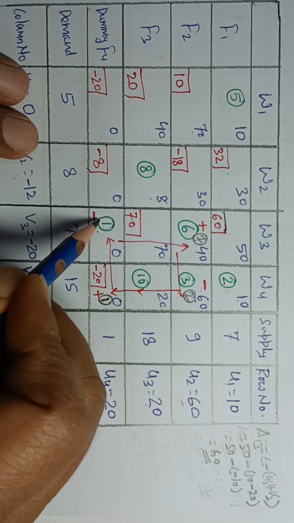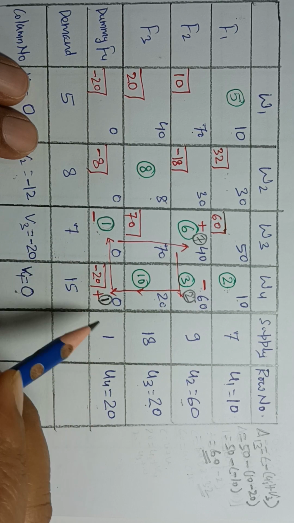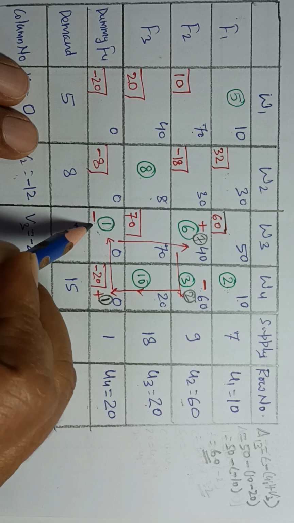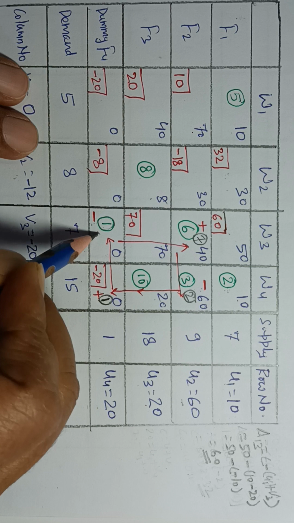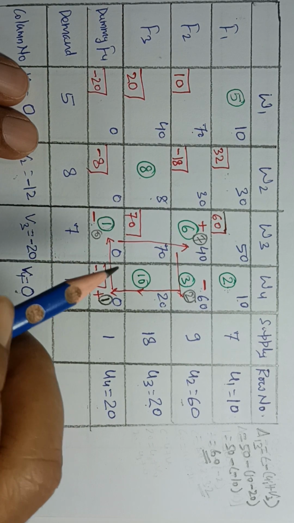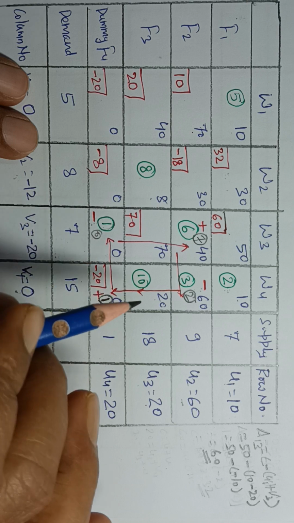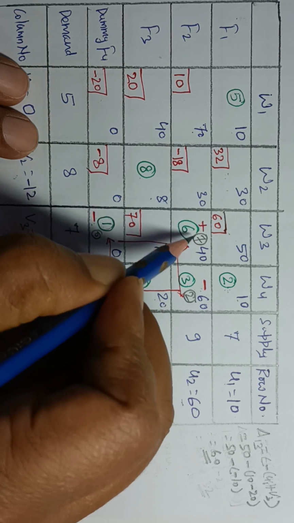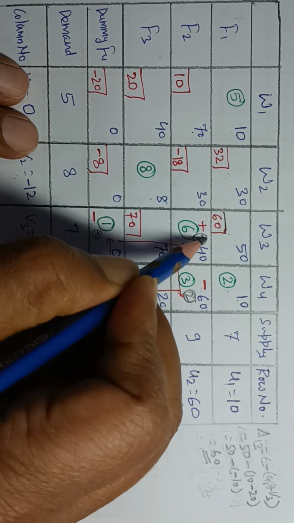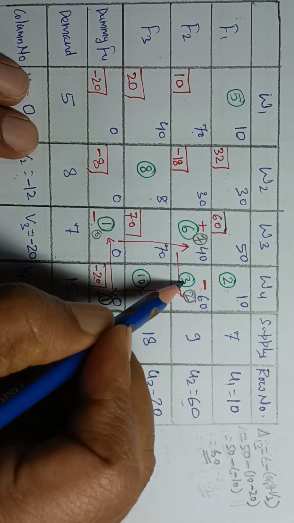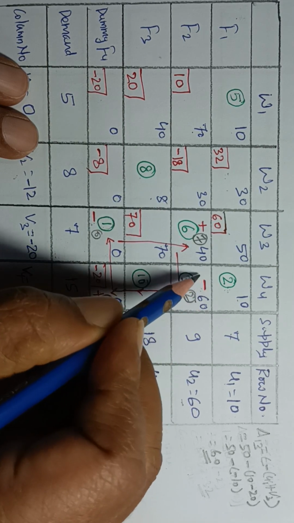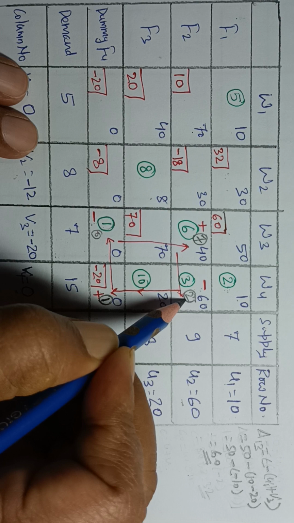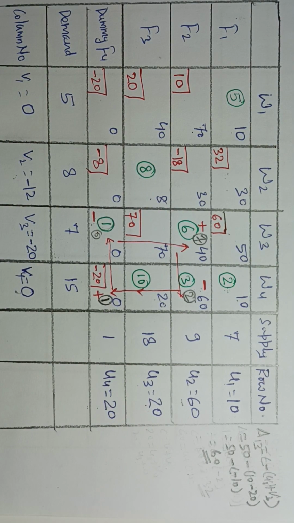Among these I'll select this one, 1. So I have added 1 here. When I deduct, because here minus, it will become 0. You do not write anything here, there would not be allocations. Then I'll add at the place where there is a positive sign. So 6 plus 1, it becomes 7. And here from 3 I'll deduct 1, because here negative sign, so it will become 2. So I'll make a fresh table.